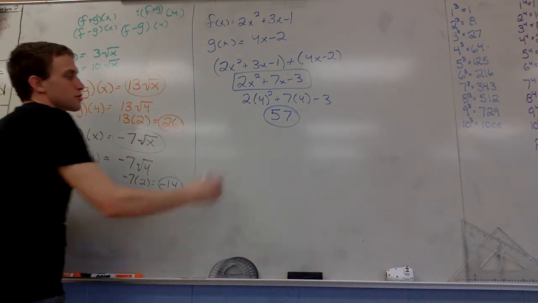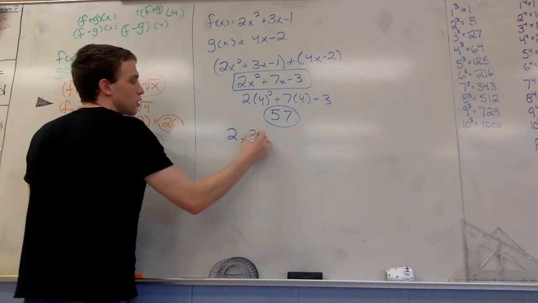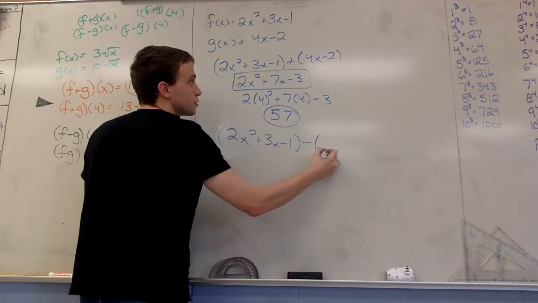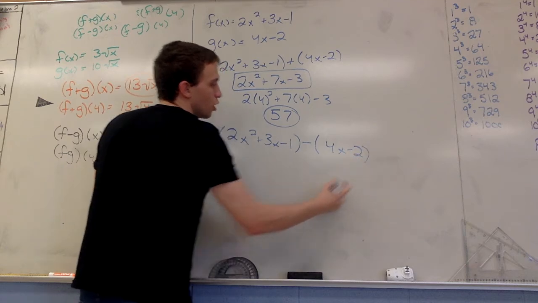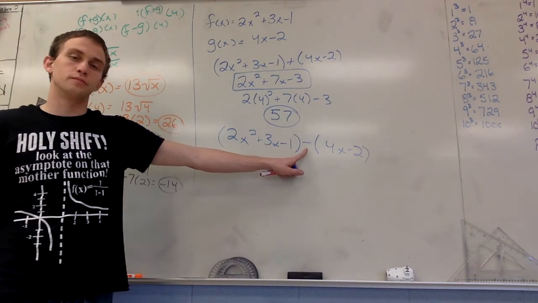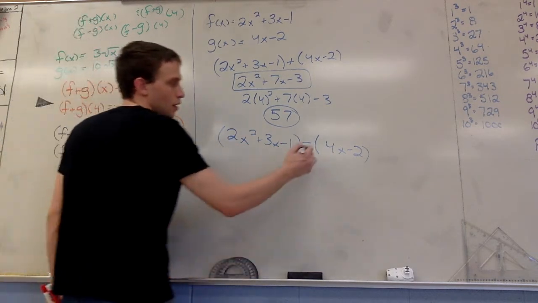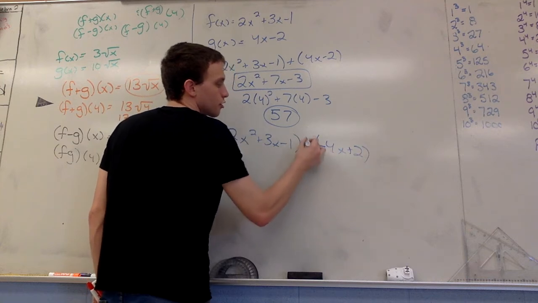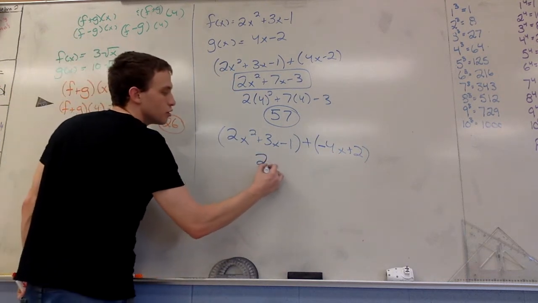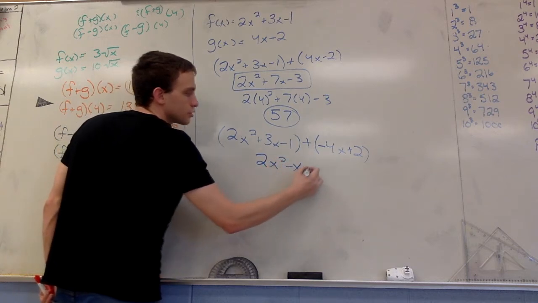Then I have to find the subtraction. So that's 2x squared plus 3x minus 1 minus 4x minus 2. What am I supposed to do for this one? I don't like subtraction, so what am I supposed to do? Change all the signs in the second equation, so we're distributing the negative and making an addition. That'll give me 2x squared minus x plus 1.